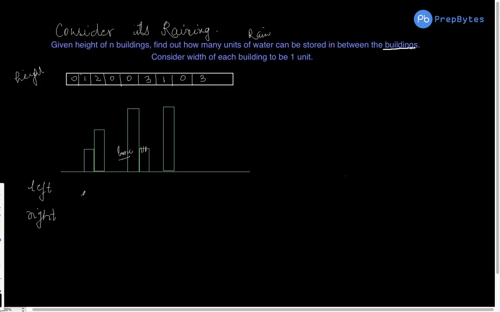So here, obviously, left is going to be 0. Okay, this is the first one. For this particular place, again, I have two things, that this 0 is greater than the height of this, or this is less than the height.